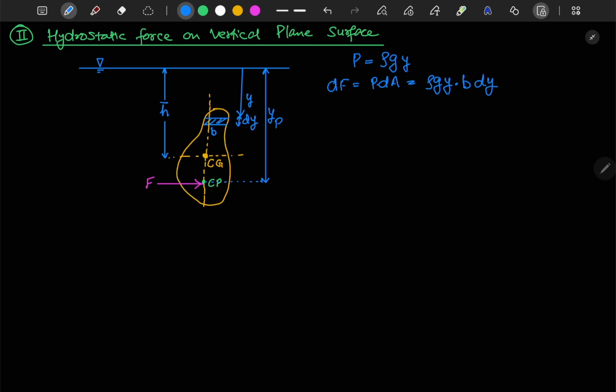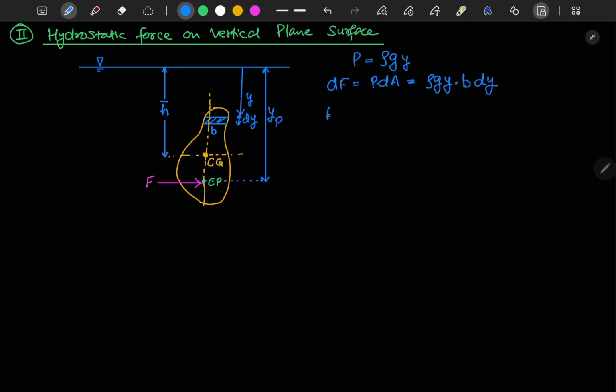Okay, now if I want to calculate your total force, I have to integrate this. Okay, so F, I can obtain by integrating your dF. Okay, and if I do this, I will obtain rho g integration of b y dy.